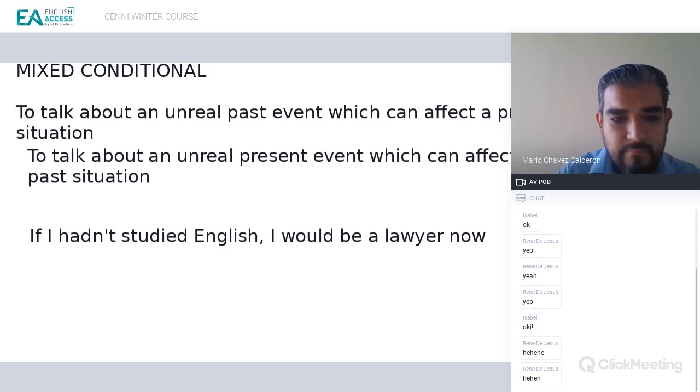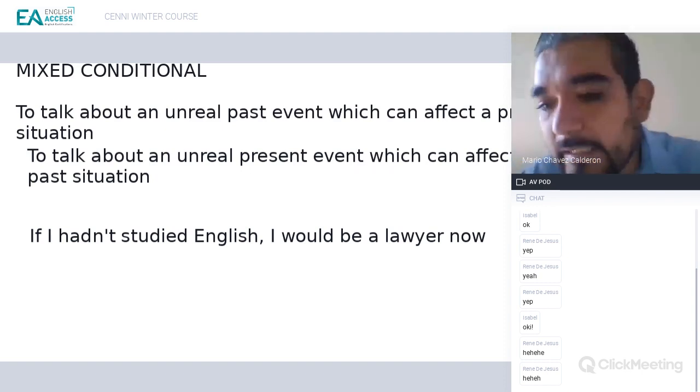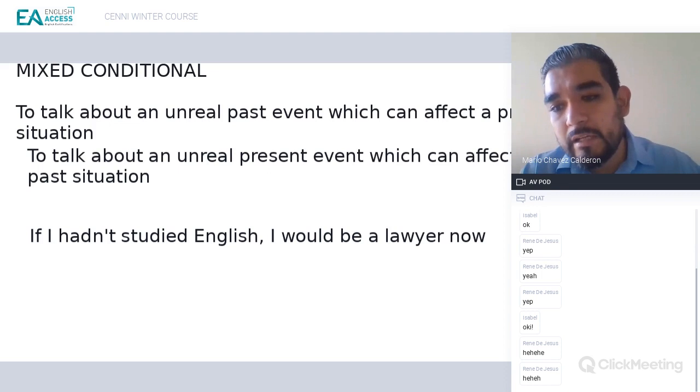As you can see, we have "if I hadn't" in past perfect, and "I would be" is a present modal verb, right? "I hadn't" is something in the past, and "I would be" is something in the present.